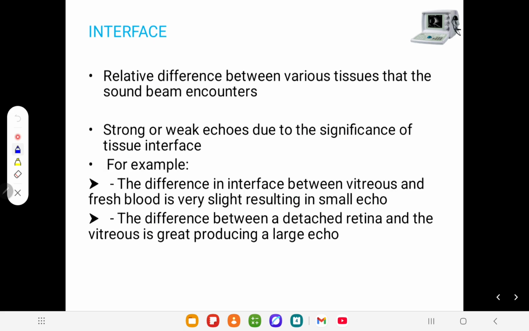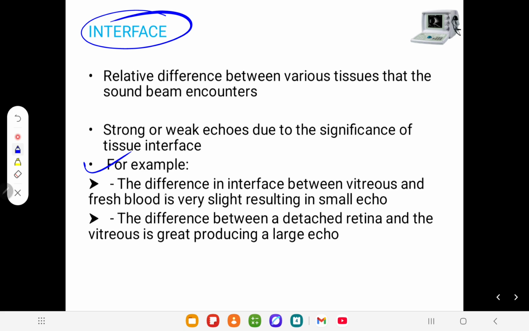Okay, let's move forward. So interface, what do we mean by interface? Interface means the relative difference between the various tissues that the sound beam encounters. Basically it means strong and weak echoes due to significant tissue differences. Remember this point. For example, the difference at the interface between vitreous and fresh blood is slight, resulting in a small echo.